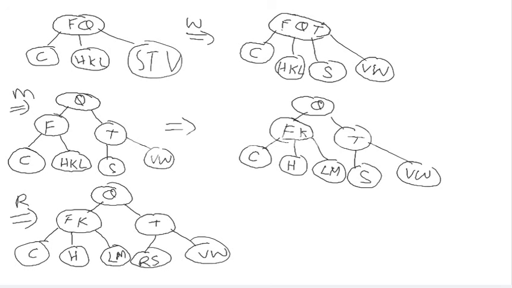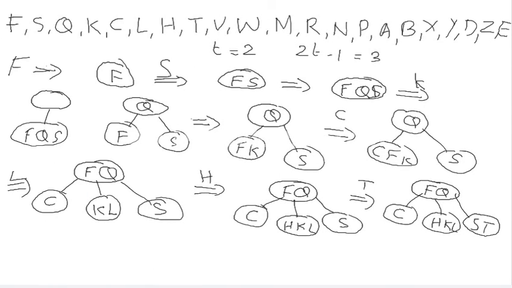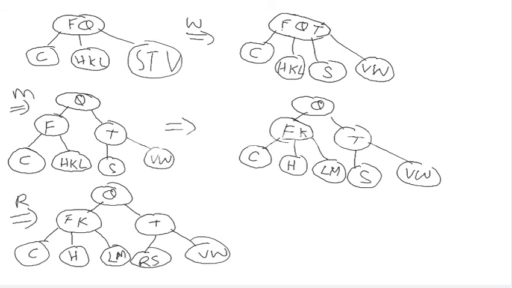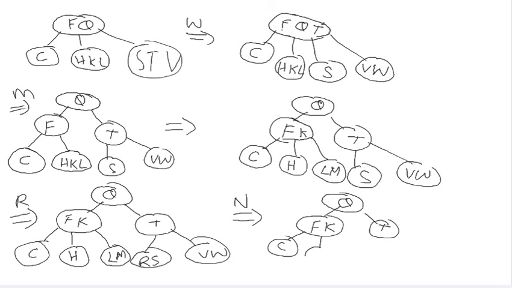So we have Q, then F, K, then T, and this has left side C and H, then L, M, N. Now we have R, S and V, W. Then P. We need to insert P.